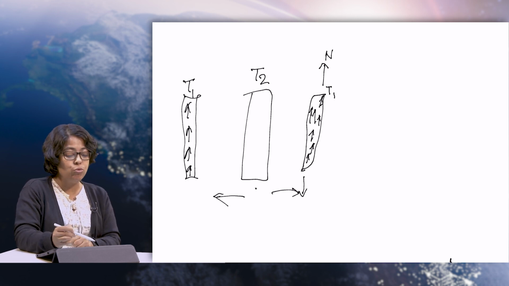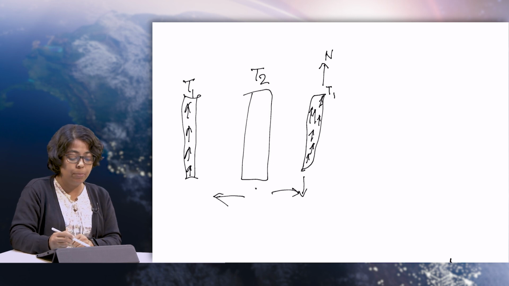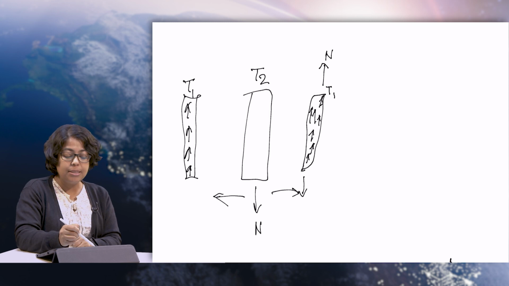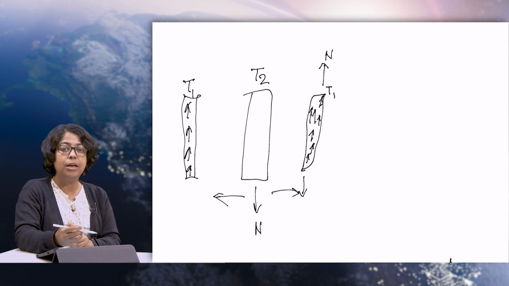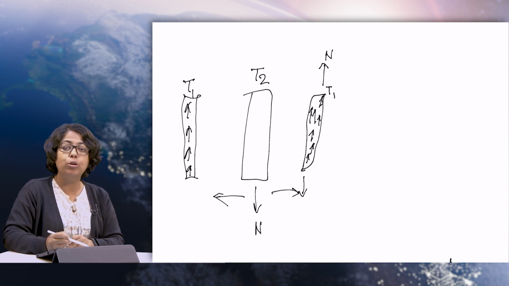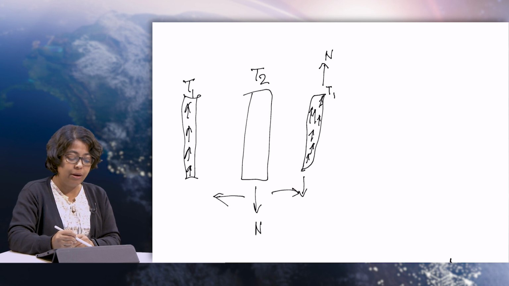In time T2, because of the reversal, it has changed. So, now the polarity is somewhere here. This is again a magma which is cooling down, and the ferromagnetic minerals are going to orient themselves based on the polarity of that point, and therefore, they are going to orient themselves something like this.